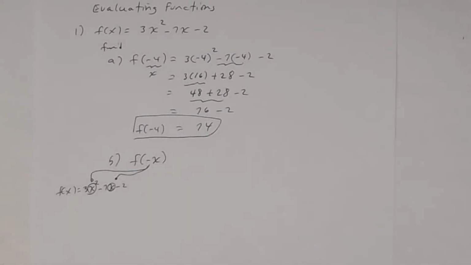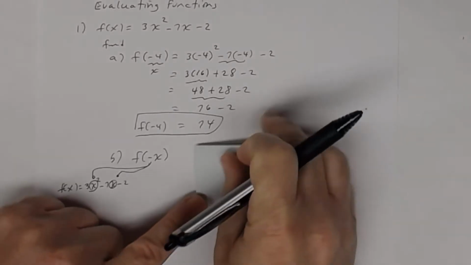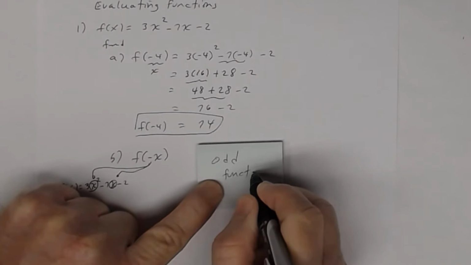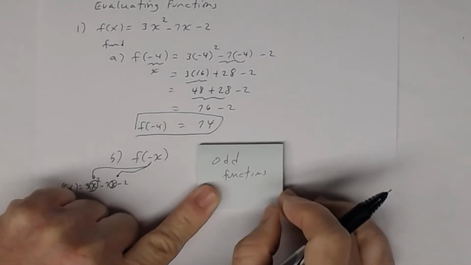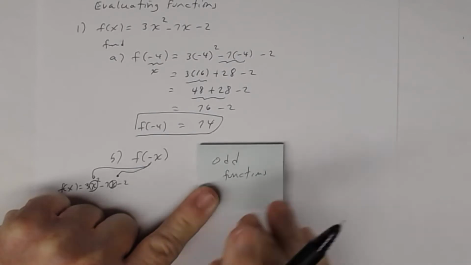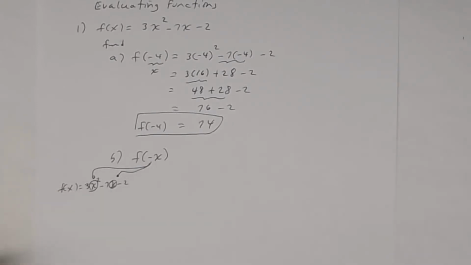I use the word odd, O-D-D, odd functions. So when we talk about odd functions pretty soon, you're going to come back to this idea of f of negative x.